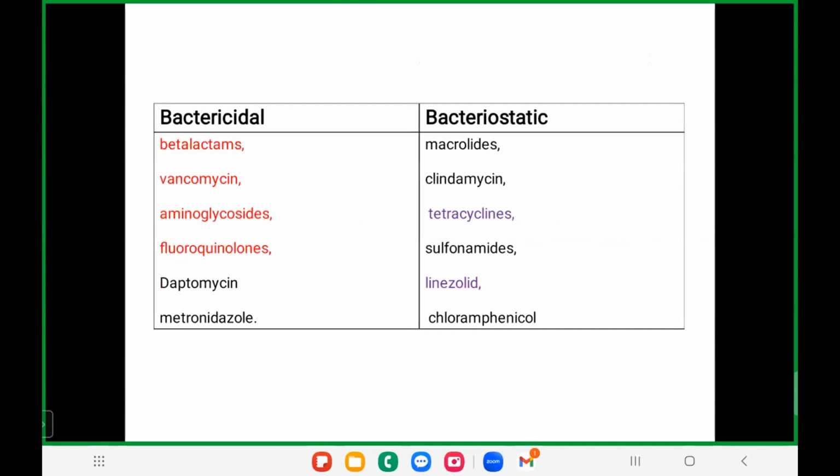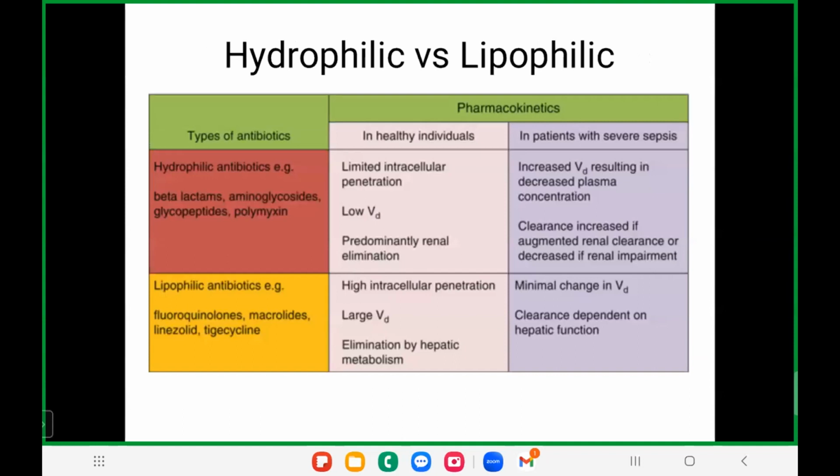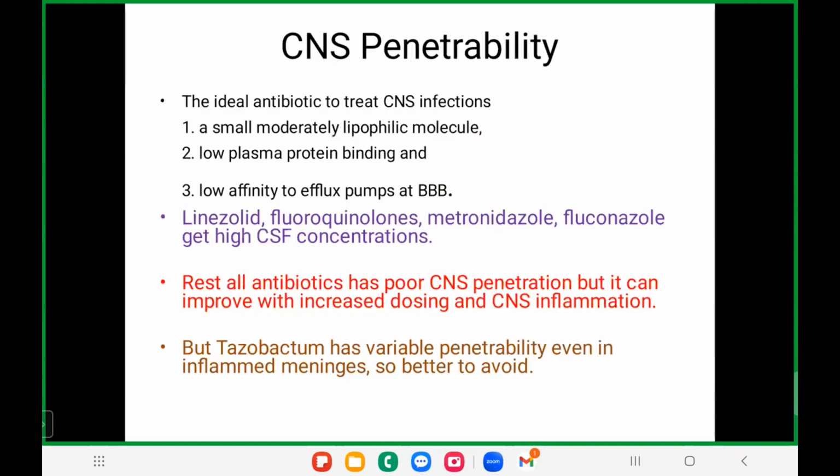These are the common examples of bactericidal and bacteriostatic drugs. Another important distinction is hydrophilic versus lipophilic, which determines tissue penetrability. Lipophilic drugs have high tissue penetrability, so in cases like pneumonia, try to give more lipophilic drugs. Regarding CNS penetrability, very few drugs penetrate easily.